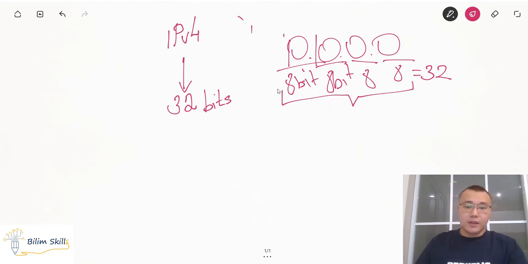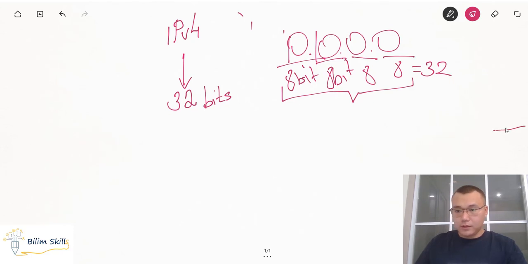Okay, now let's learn how to open this IP address, which is given in decimal form. So let's open it in a binary form. To do that, we have to know this kind of table, which we're gonna consider every time when we do the calculation.